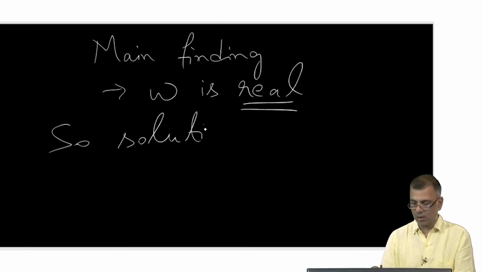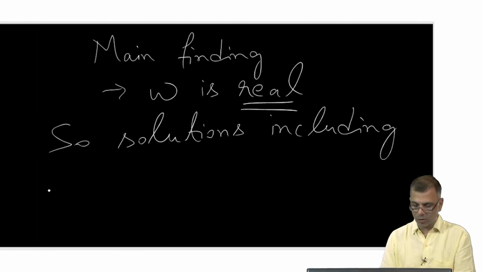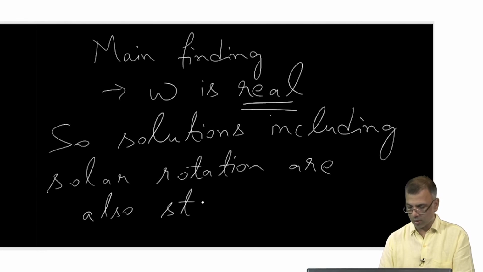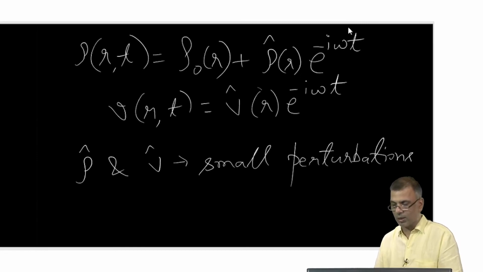So, solutions including solar wind, solar rotation are also stable for the same reason, because you look at this, because omega is real, the perturbations are only oscillatory, they are not growing or damping, in particular growing is the thing that we are focusing on.